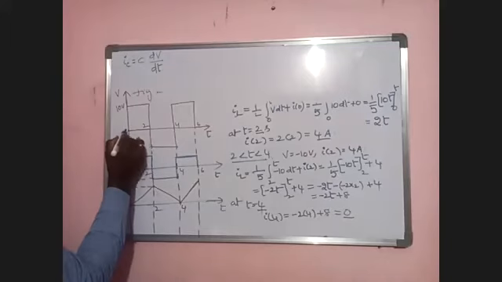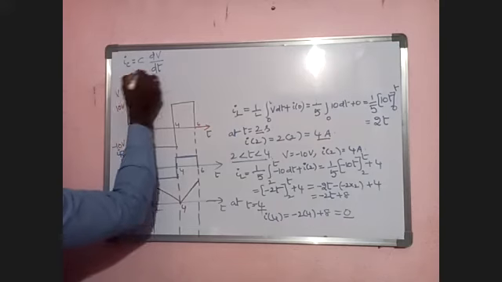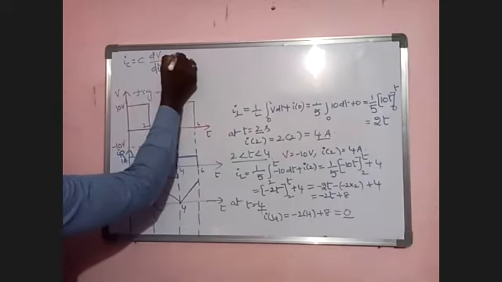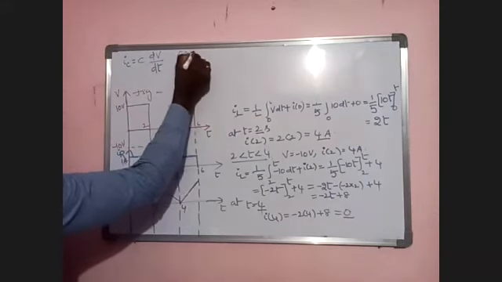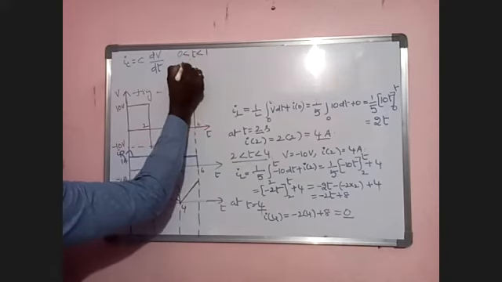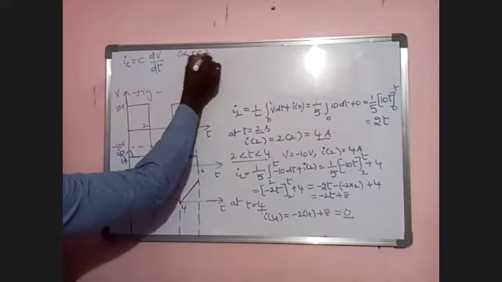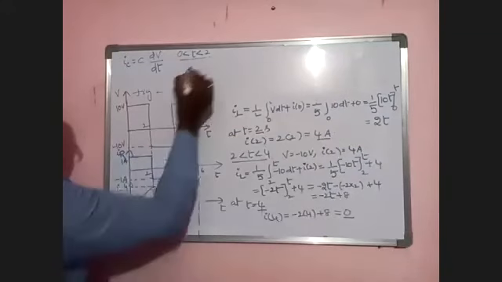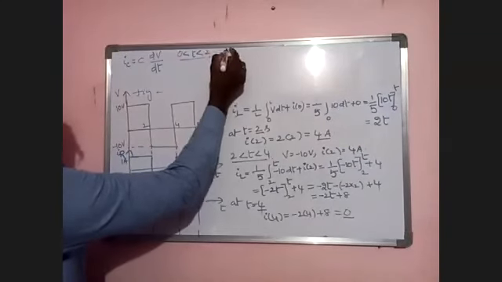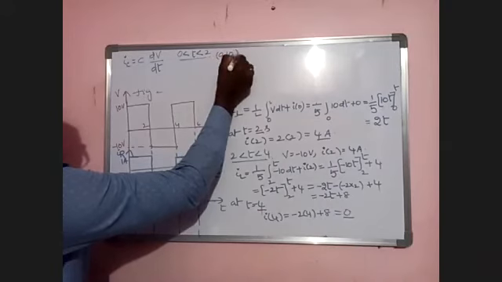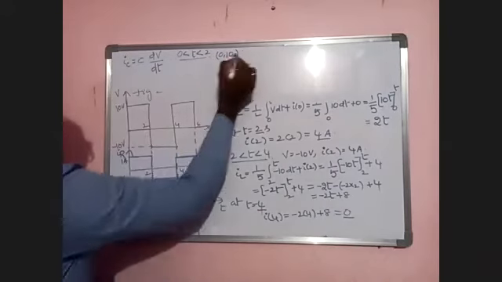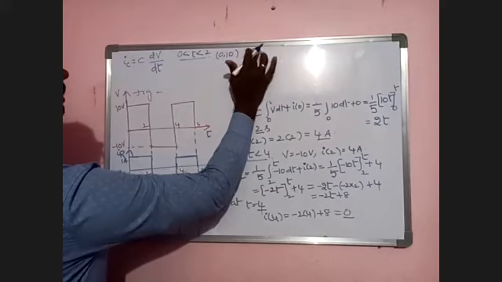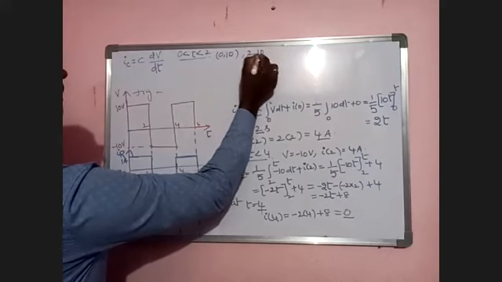So for that, consider again these linear portions. Come to the first interval, 0 less than t less than 2. The points are 0, 10 and 2, 10.